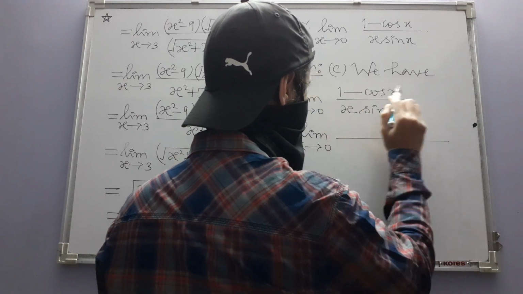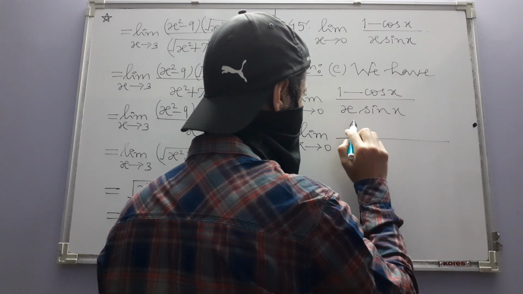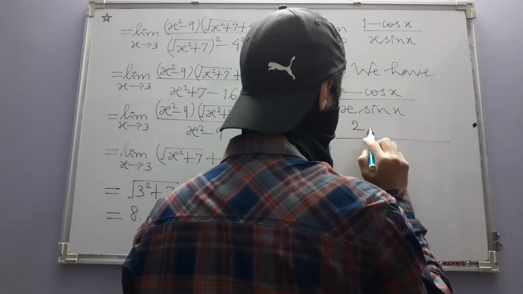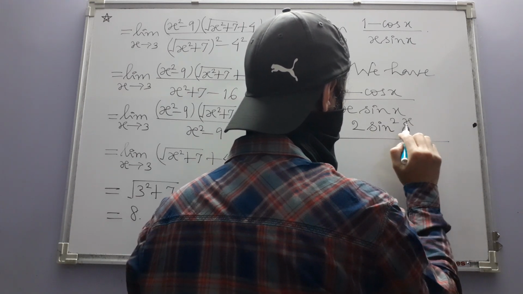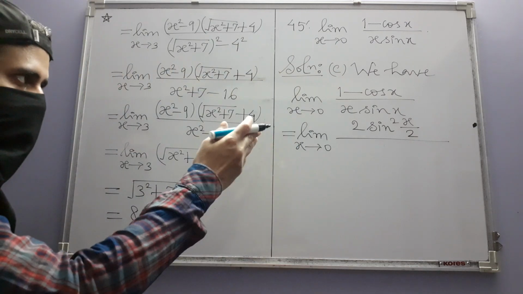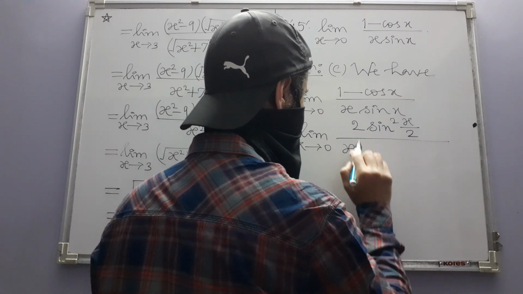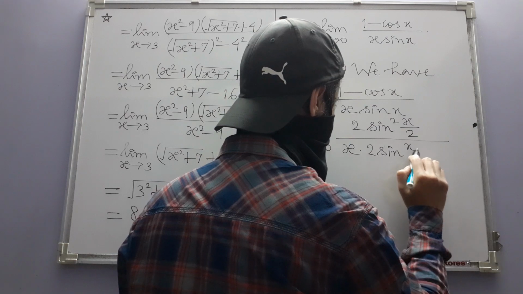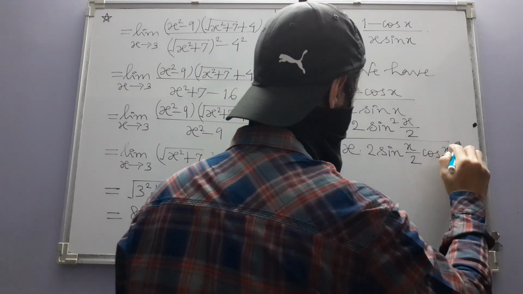So in place of 1 minus cos x, you can write 2 sine square x over 2, and in place of sine x, you can write 2 sine x over 2 cos x over 2.